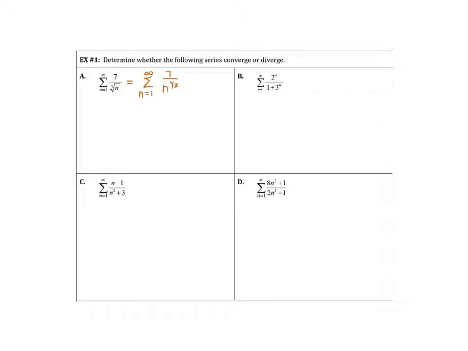Now we know that here, if we're trying to figure out what to compare it to, then over to the side, this right here would be a big indicator because I know that 1 over n to the 1/3, I know that series might either converge or diverge if we talk about the P series. And if we go back and think about that P series, then I know this series here diverges.